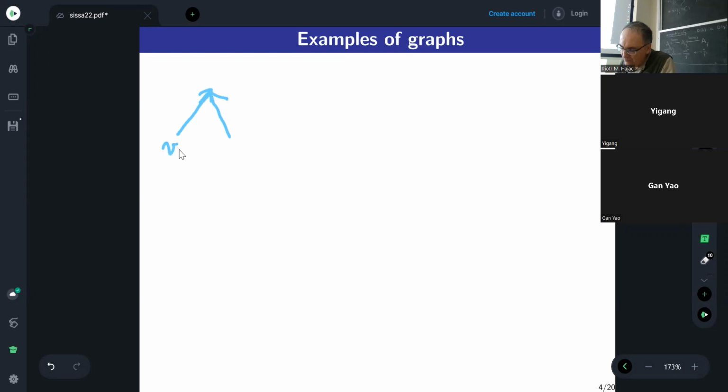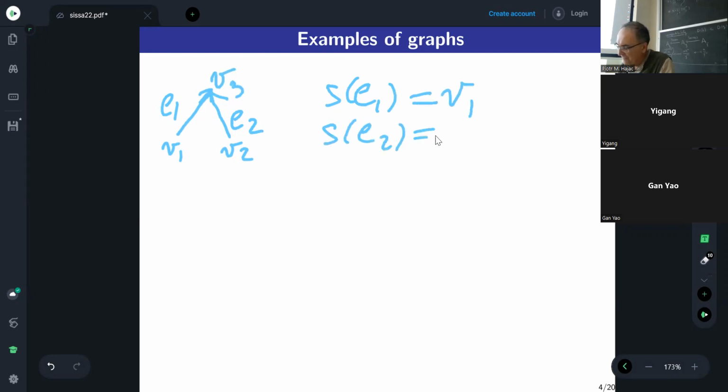I have V1, V2, V3, and E1, E2. The source of E1 is V1, the source of E2 is V2, the target of E1 is V3, and it is also the target of E2.